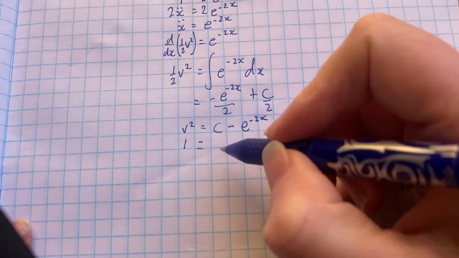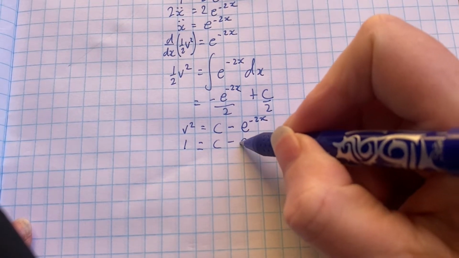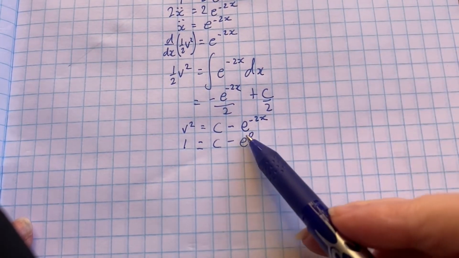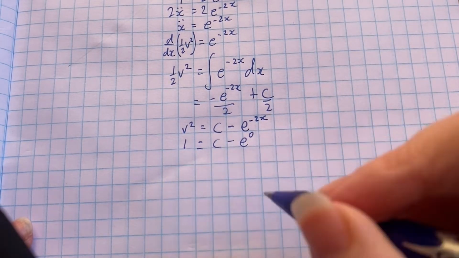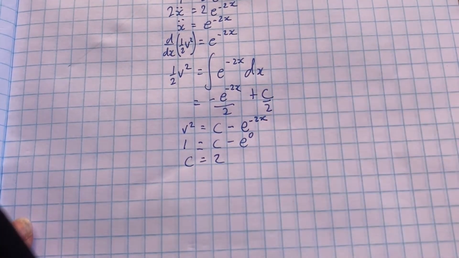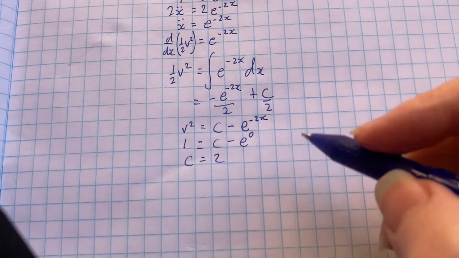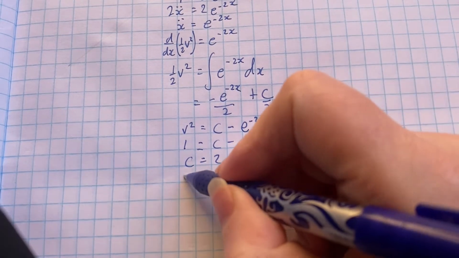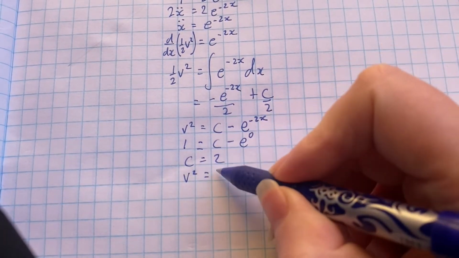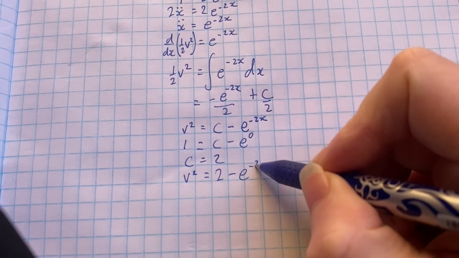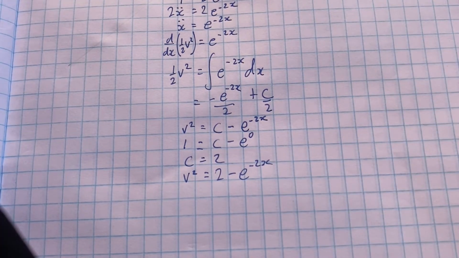It started at the origin. So 1 equals c minus e to the 0, and e to the 0 is 1. Let's add 1 to each side, so c equals 2. Therefore, our equation is that v squared is equal to 2 minus e to the negative 2x.